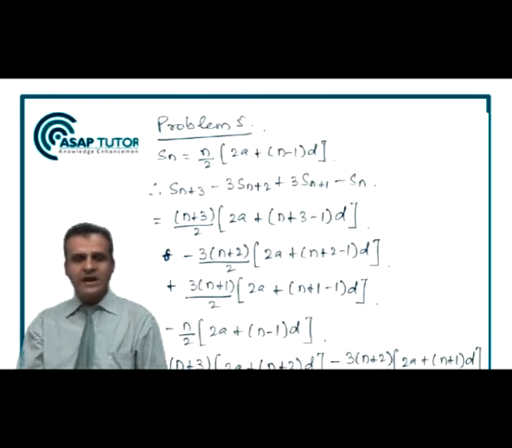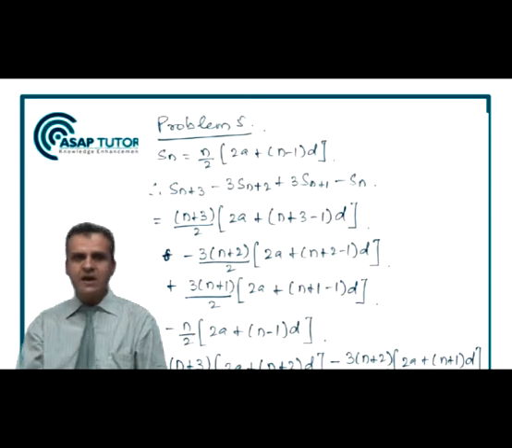So we have the expression for Sn is equal to n by 2 into (2a plus (n minus 1) into d). Now we want to find the expression S(n+3). So S(n+3) will be (n plus 3) by 2 into (2a plus, in place of n we'll write, (n plus 3 minus 1) into d). Similarly the next term is minus 3 into S(n+2).